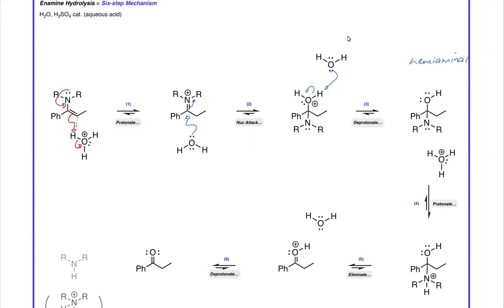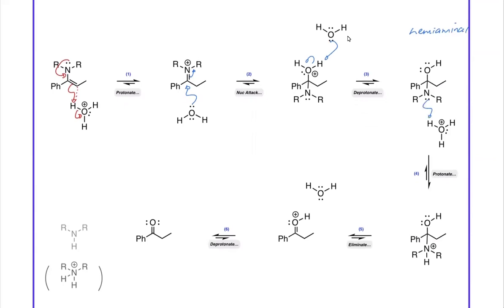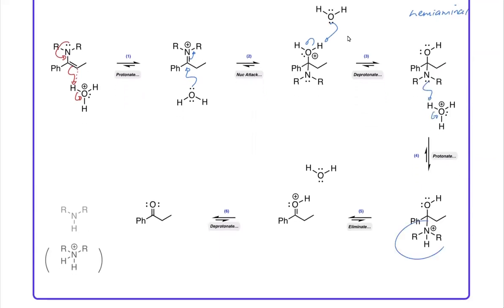And we then need to conceptualize it protonating the nitrogen atom to create a neutral nitrogen leaving group. I will then collapse a lone pair from my OH, kicking out my neutral amine leaving group, which looks like that. And finally, I deprotonate the oxygen atom, and that forms my neutral carbonyl. And odds are that we're going to have that neutral amine leaving group grab a proton from hydronium in solution to create a protonated amine.